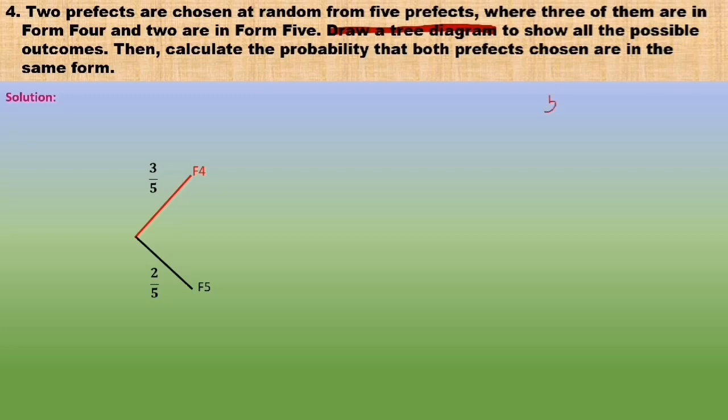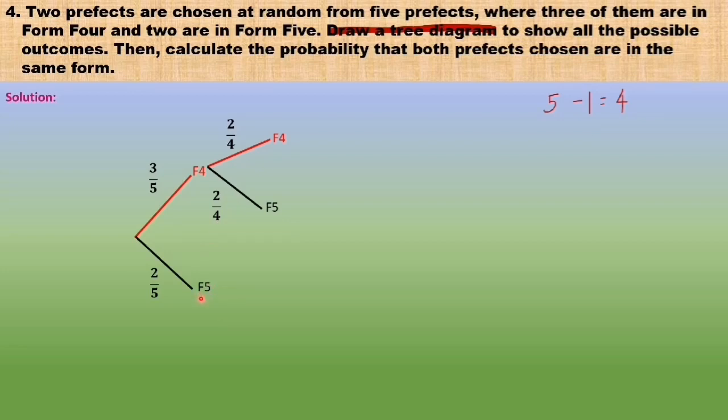You know the total at first is 5 prefixes. After choosing one, only 4 prefixes are left. Choose one prefix from form 4, only 2 prefixes from form 4 are left. So the probability is 2 over 4. For form 5, we still have 2 prefixes, so 2 over 4.